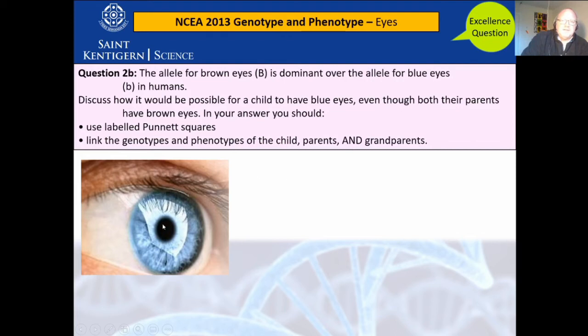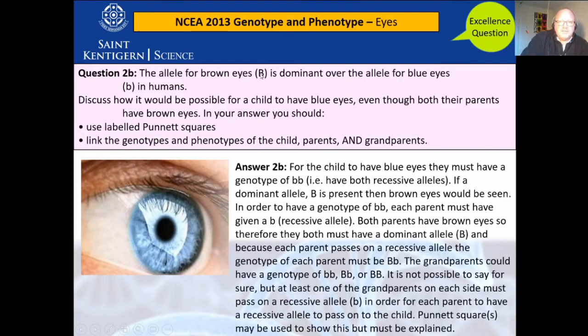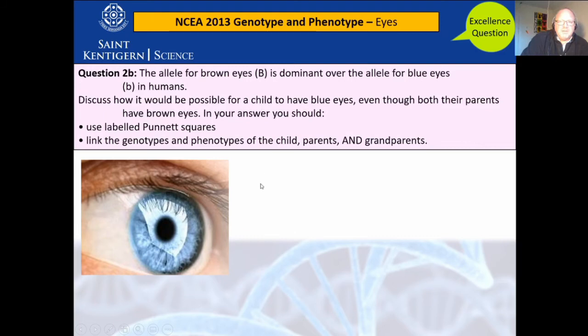So, first thing we need to say is somebody with brown, because brown is dominant, brown can be either big B, which is homozygous, or it can be heterozygous, which is big B, little b. Now, in this case, the child has got blue eyes, and we know that blue is recessive, so it has to be little b, because if there's a big B, it will be brown.